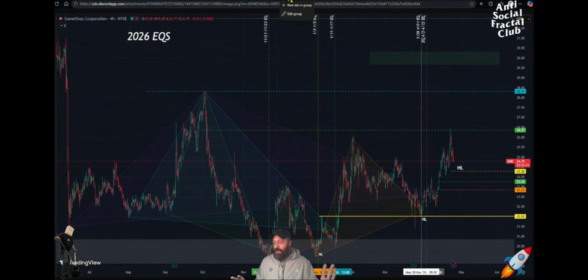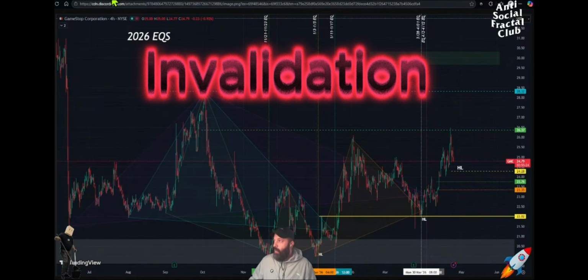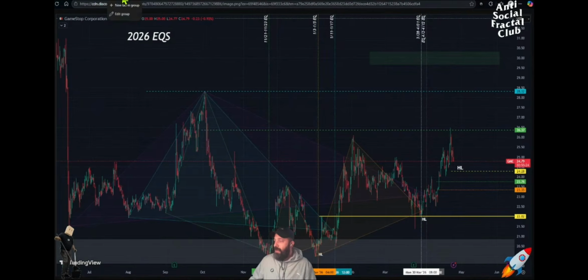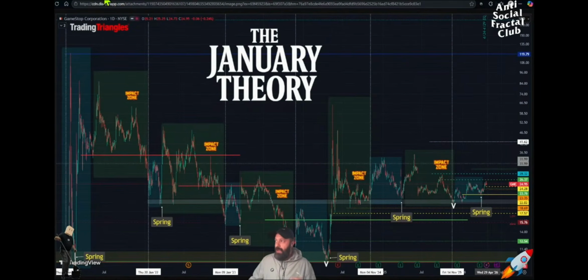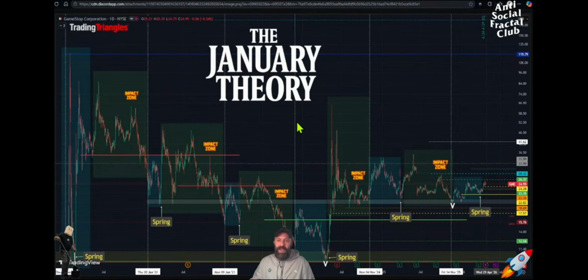So that is the JANs, the EQs, the current setup. What is my invalidation? Since I use JANs, the very concrete part of the study that we get a yearly cycle of landmarks every single year, in the case of an invalidation, that would be ending up back below that $22, back below $20.